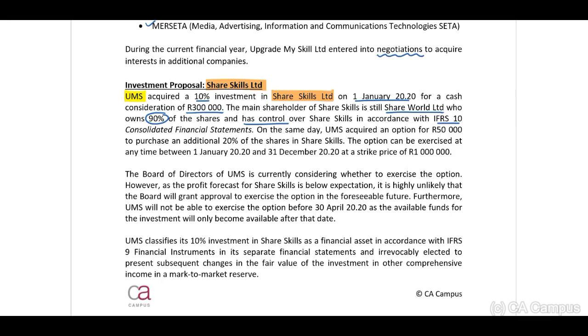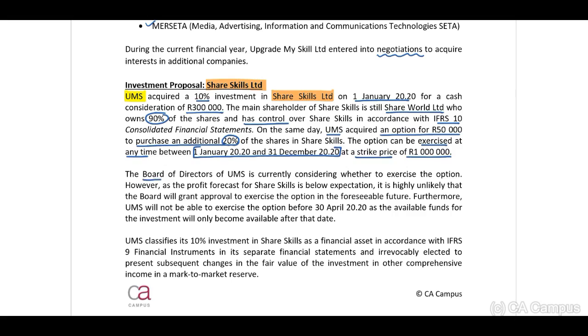On the same day, Upgrade My Skills acquired an option for 50,000 Rand to purchase an additional 20% of the shares in Share Skills. The option can be exercised at any time between 1 January 2020 and 31 December 2020 at a strike price of 1 million. Therefore, they will have to pay that 1 million when they exercise the option.